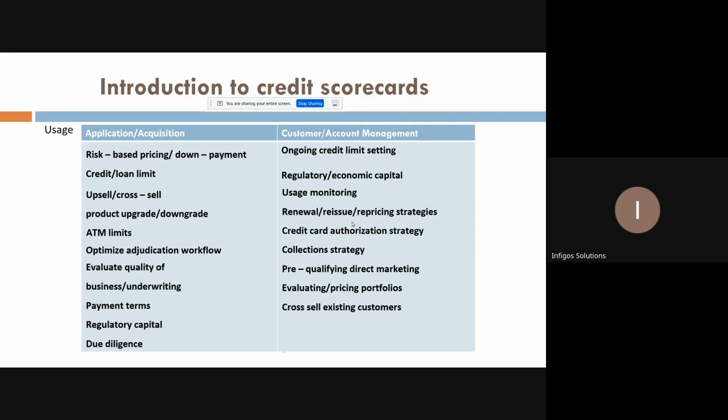That particular capital is called regulatory capital. And when a customer wants to renew the credit card or wants to increase the limit, then you use the behavioral scorecard. Or for collection also you use the behavioral scorecard because you have the history of the customer. Any question at this point?